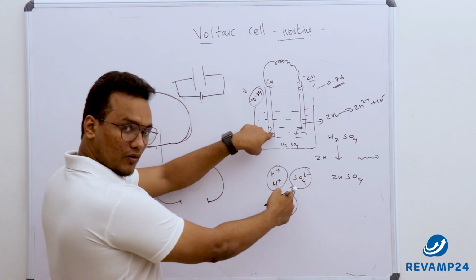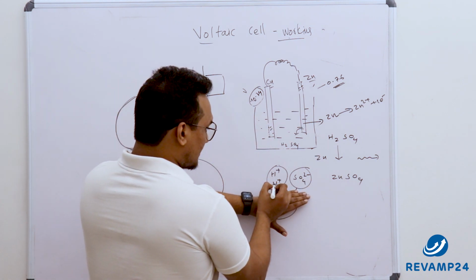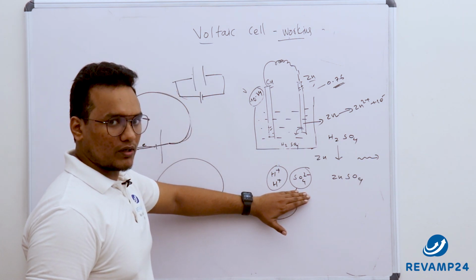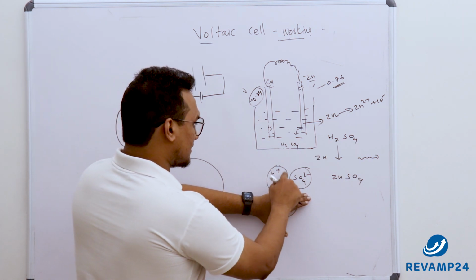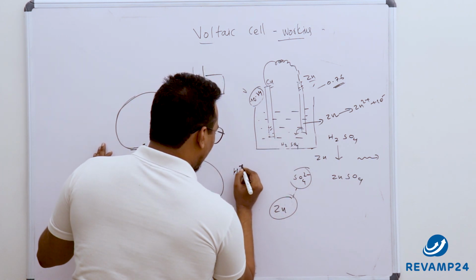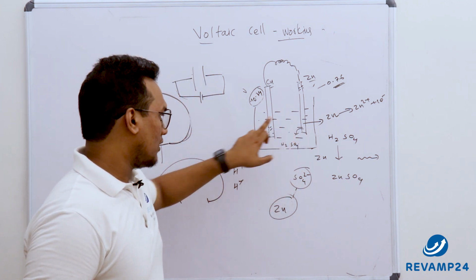See, before, in this example, it was 2 hydrogens and SO4 2 minus making the bond. Now these hydrogens have been replaced. So 2H plus are there in the solution now. Why?